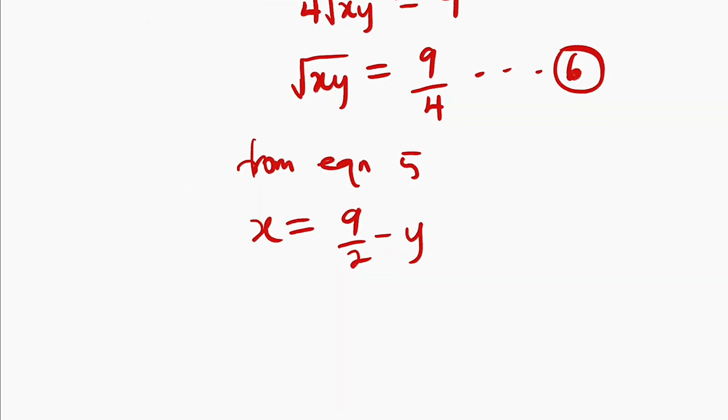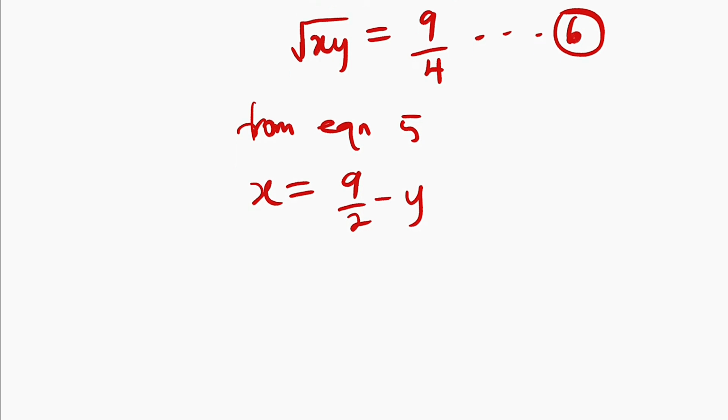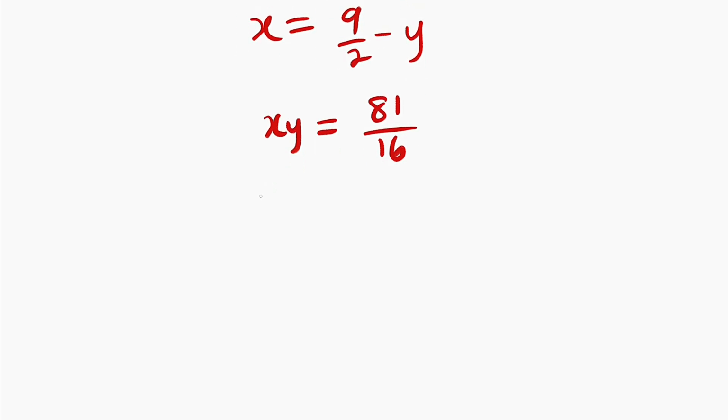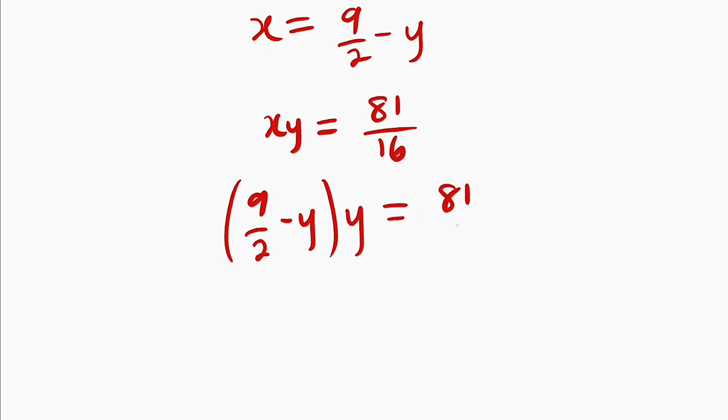And before doing that, we can square both sides of equation 6. So xy equals 81 divided by 16. We can see that x is equal to 9 divided by 2 minus y, so we can bring it here. So we have (9 divided by 2 minus y), also multiplied by y. This is equal to 81 divided by 16.